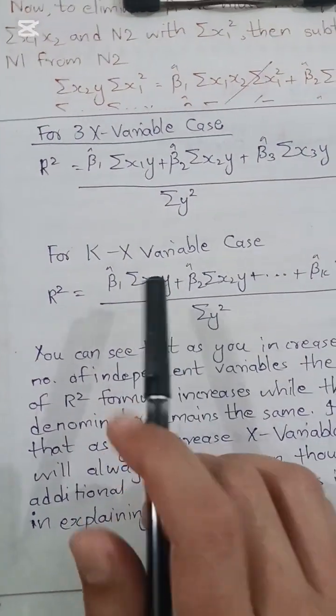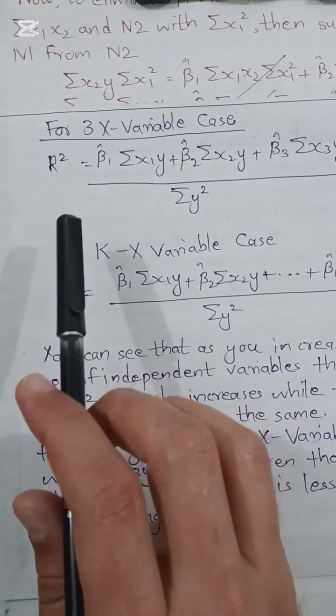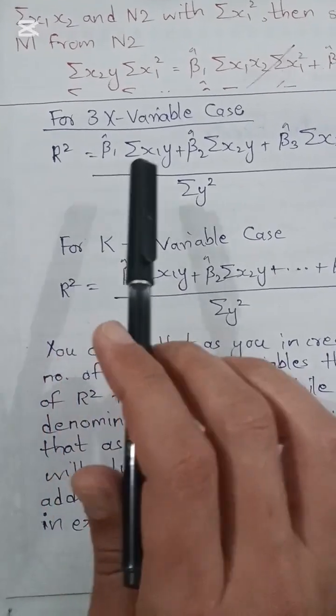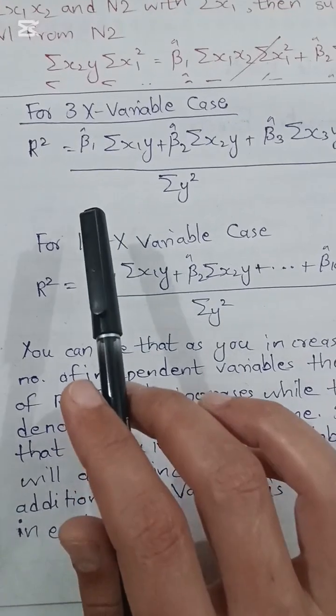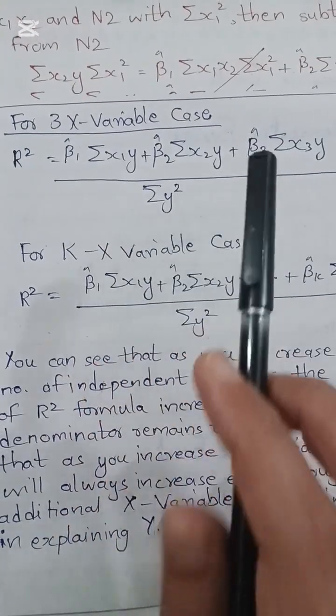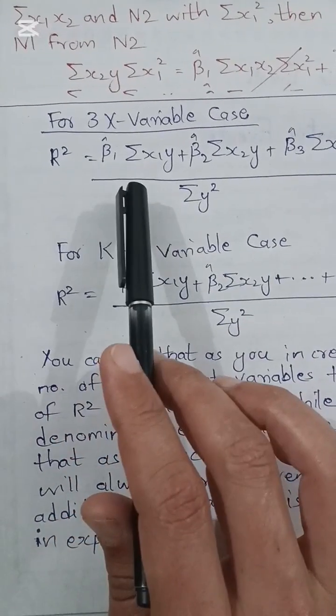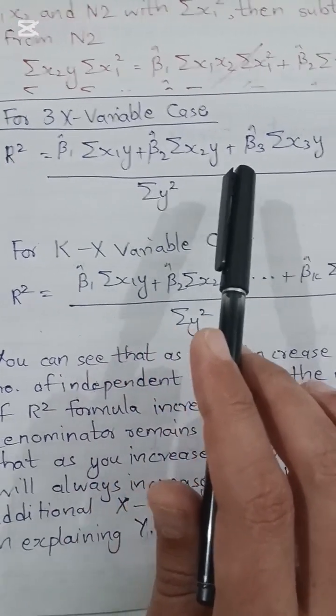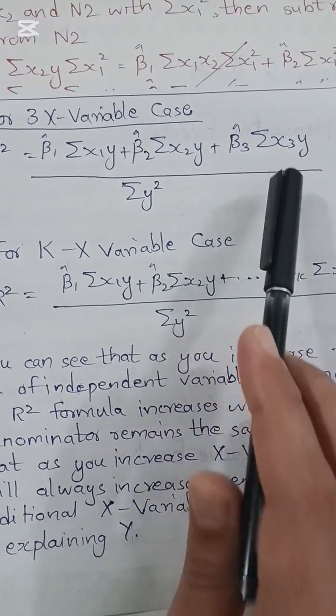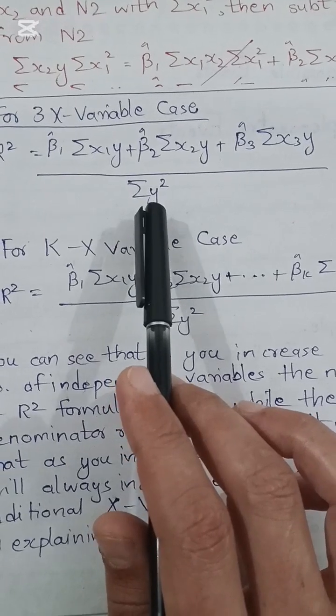Now look at this. This is the R square formula for three independent variable case. If there are three independent variables, then R square formula would look like this, where R square equals beta 1 hat sum of x1 y plus beta 2 hat sum of x2 y plus beta 3 hat sum of x3 y divided by sum of y squared.